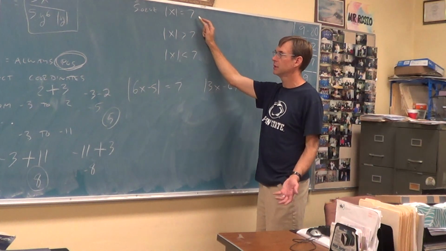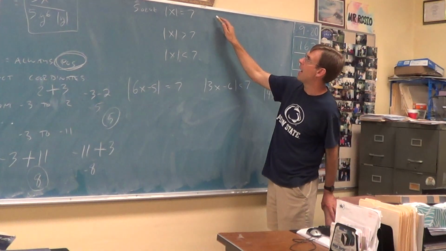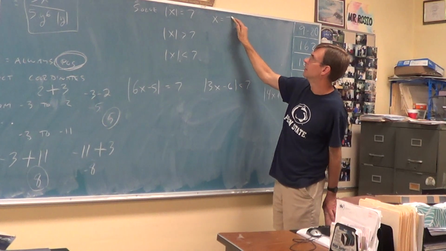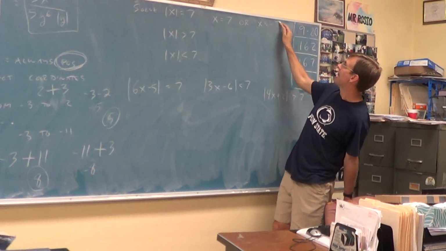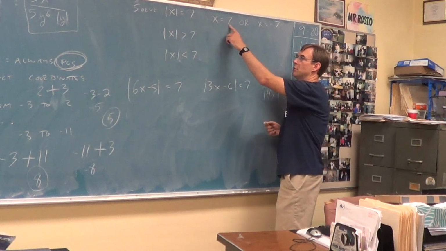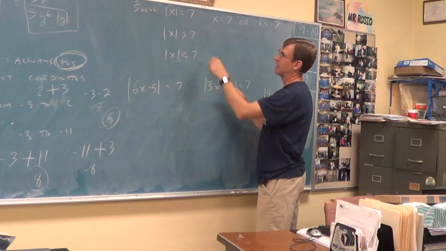Contemplate that, pause it, return. There are 2 places on the number line where the absolute value of x could be 7: 7 itself, or negative 7. The absolute value of 7 stays 7. The absolute value of negative 7 becomes 7.